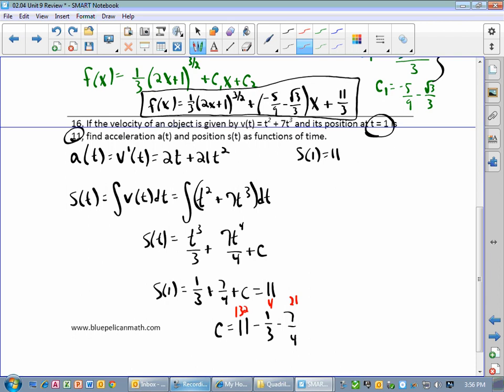So 132 minus 4 is 128, minus 21. So we get 107 over 12. And so our function, our velocity, our position function, s of t, would be 1/3 t cubed plus 7/4 t to the 4th plus 107 over 12.